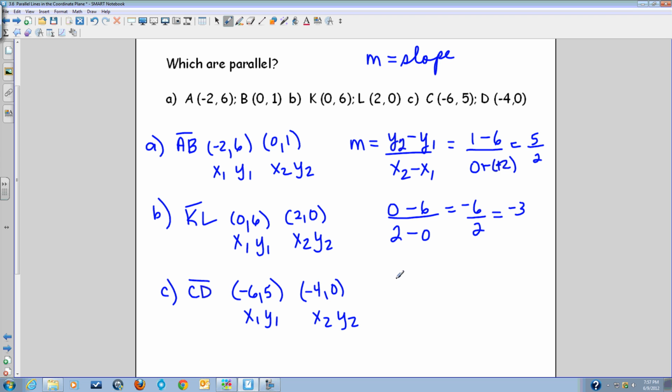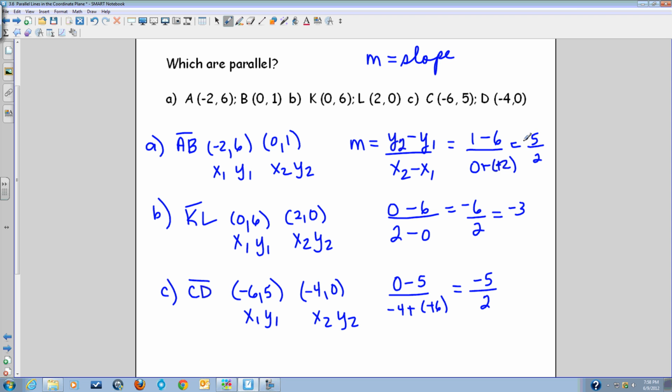We have 0 minus 5 over negative 4 minus negative 6. So we have negative 5 over, well, these two negatives become positive, and negative 4 plus 6 is 2.